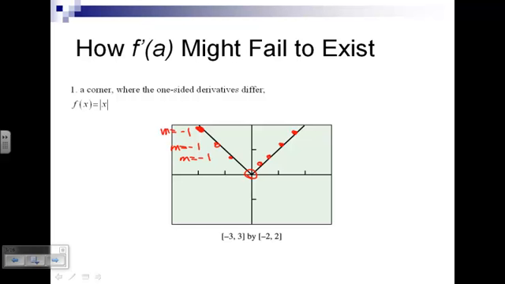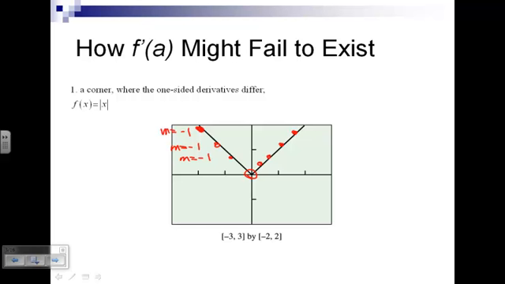And because the derivative function is defined as a limit, what we end up having is two limits that do not agree. When the right-hand limit and the left-hand limit don't agree, the result is that the limit does not exist. Since the derivative function is a limit function, if the limit doesn't exist, the derivative doesn't exist.